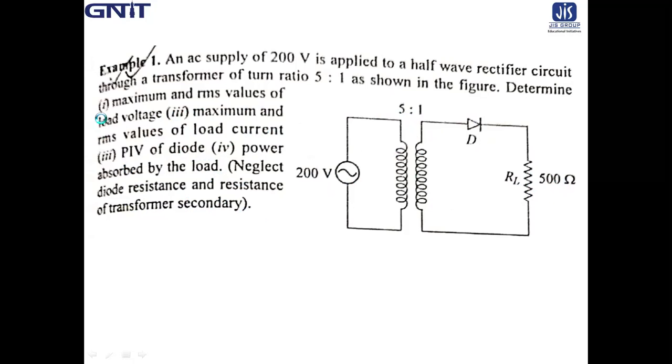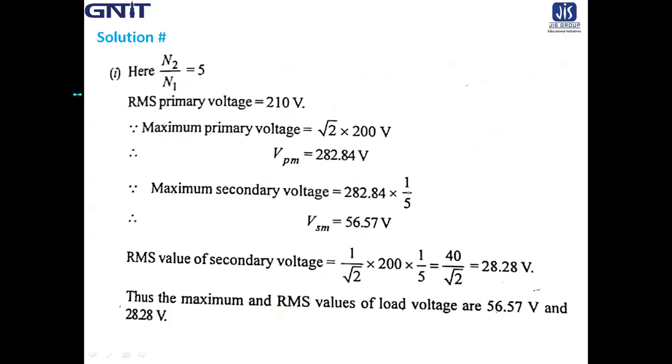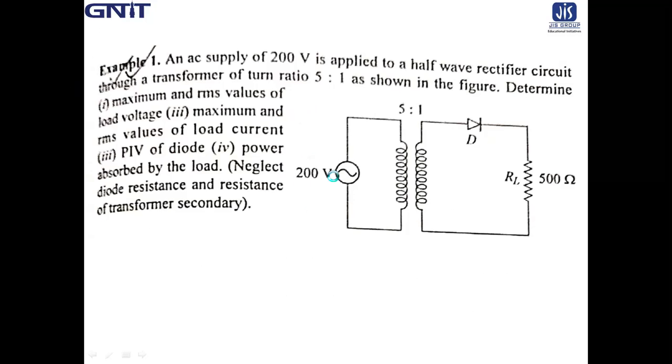So first calculate the maximum and RMS value of load voltage. Then the maximum and RMS value of load current. So how to solve the problem? Here N2 by N1 is 1 by 5. Now the RMS primary voltage is 200 volt.